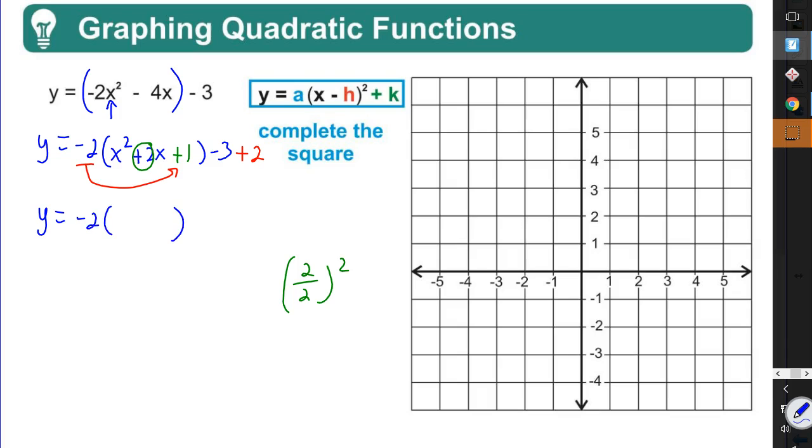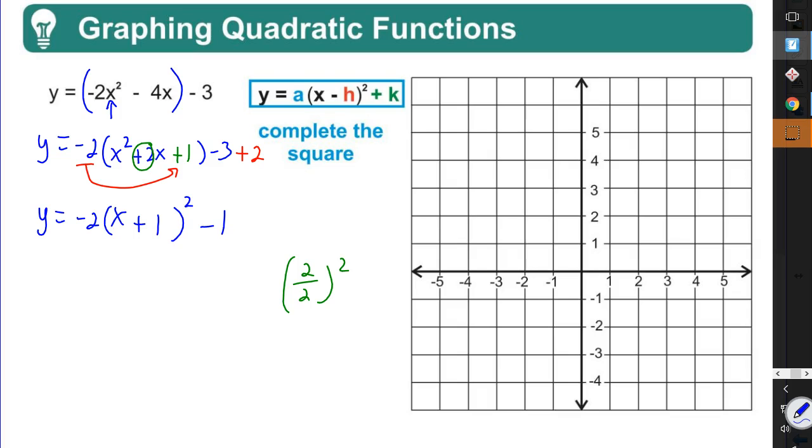You want parentheses, and now we're going to work on this perfect square, so it's quantity squared. We take the square root of the first term, put it first. The sign of the middle term, put it in the middle. And then the square root of the last term, and the square root of 1 is 1. And then a -3 and a +2 is a -1.